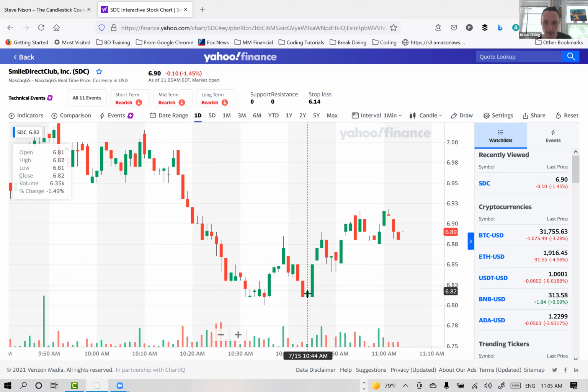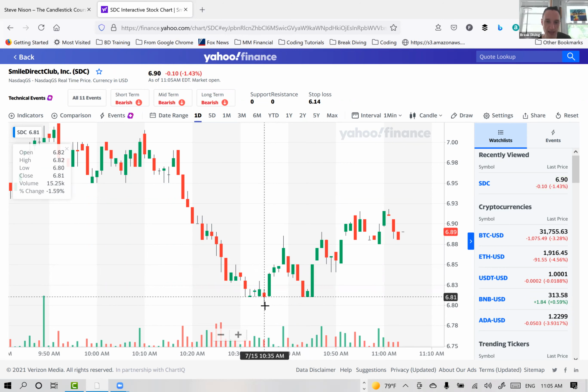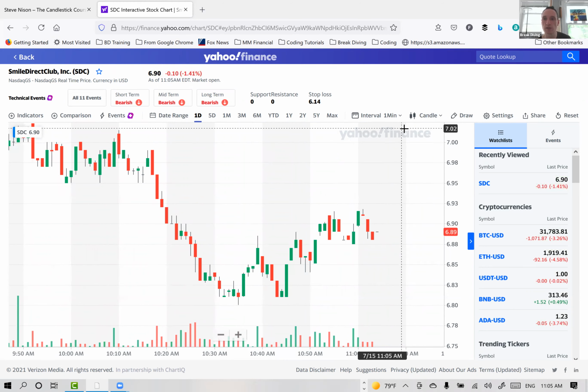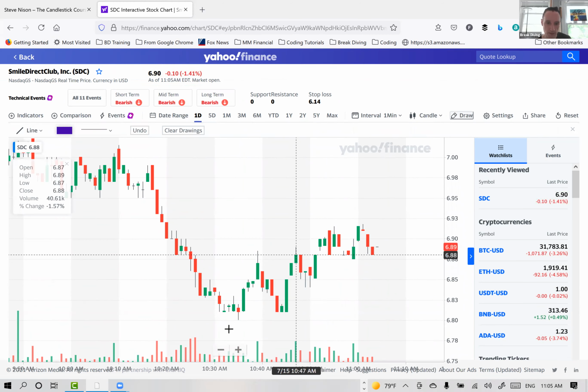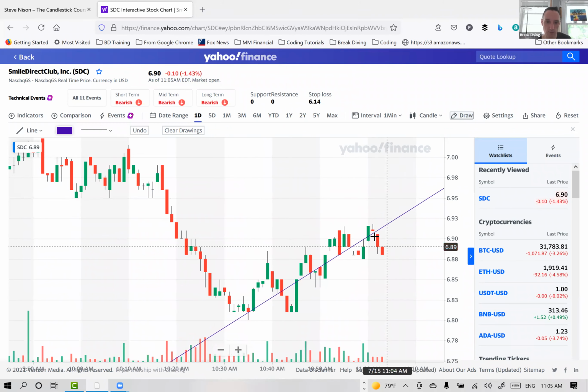And then if we look at the trend line since 10 a.m., as I said, you use the lower shadows. So right here, can you draw on this? Does it give you a drawing tool?